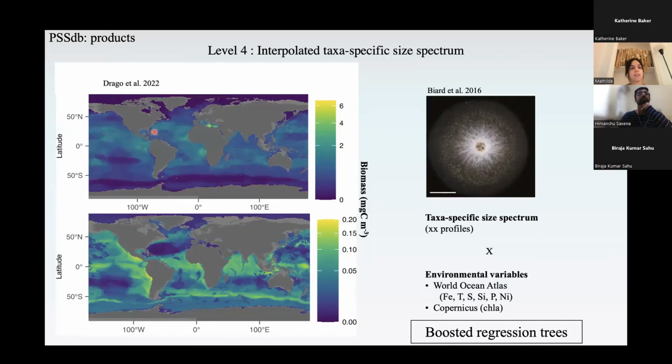This is the surface, this is the epipelagic, and this is the mesopelagic layer. So the goal would be to use environmental variables such as climatology, satellite data, etc., to be able to predict on a global scale the size structure of the different taxa, and at different depths.